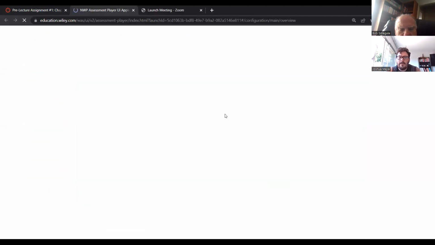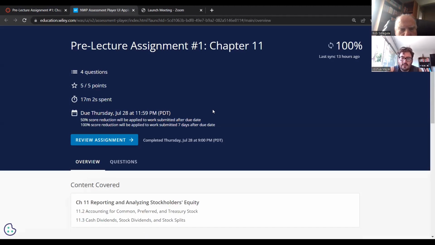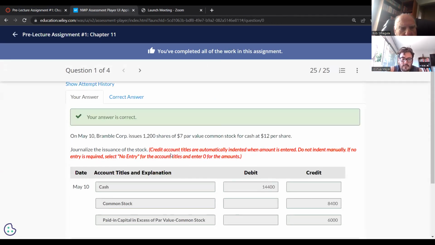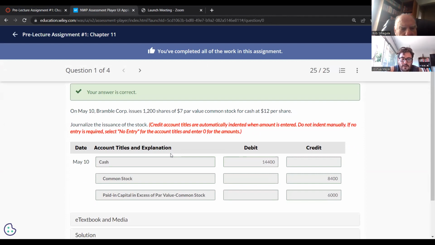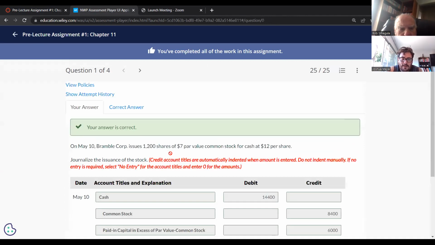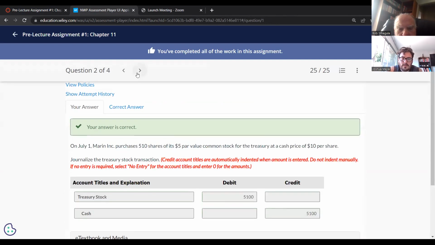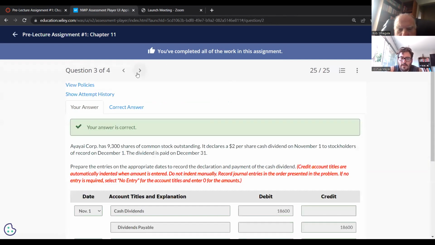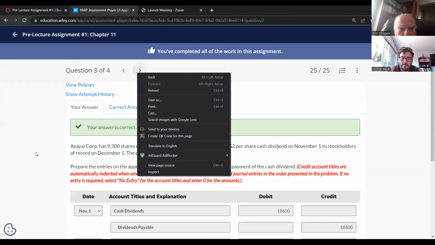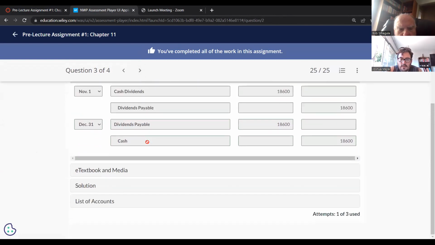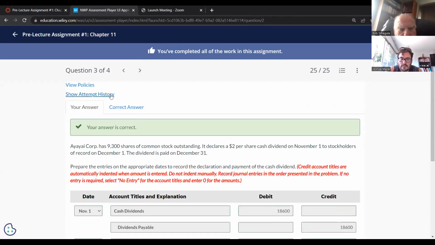I understood how to calculate the paid in capital, but on one of the questions, it had just the common stock there, and I was like, I'm adding everything, I'm adding the other additional paid in capital, and I wasn't getting the number right. Let me see. Is it this one?